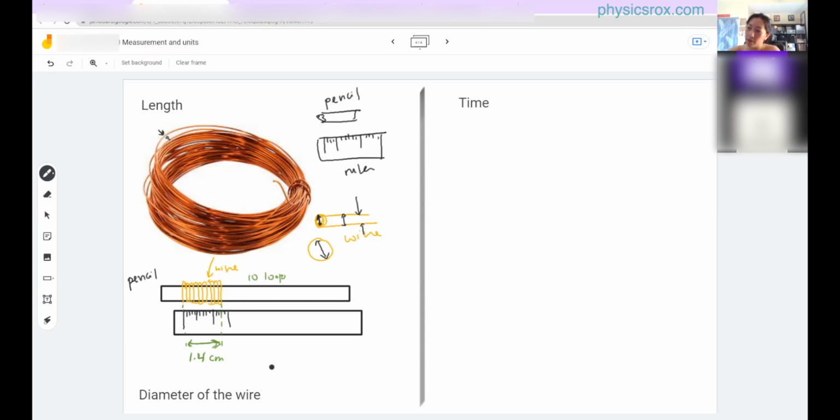So how much is the diameter for one wire? 14 cm. 0.14 cm. Are you confused about the question, or you understand the question but don't know how to get the answer?